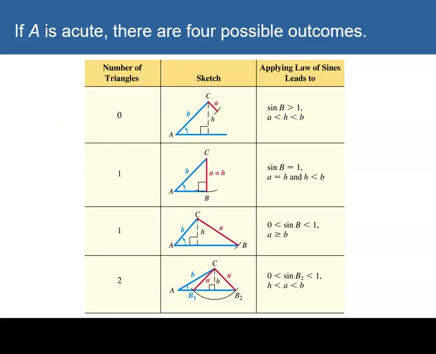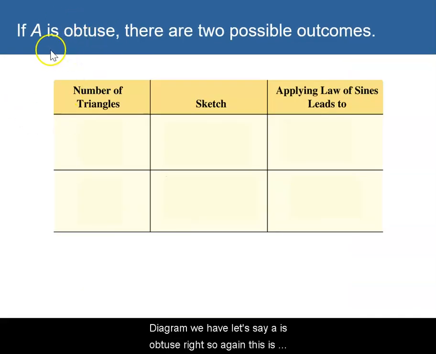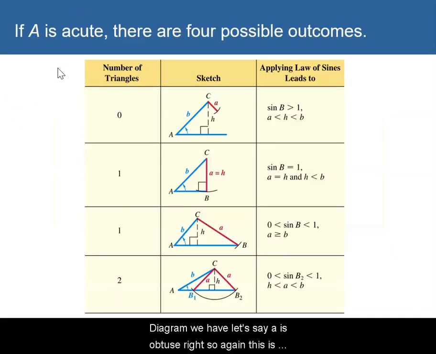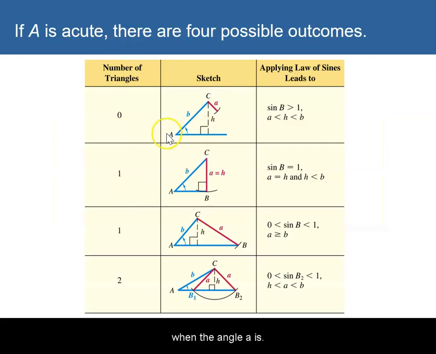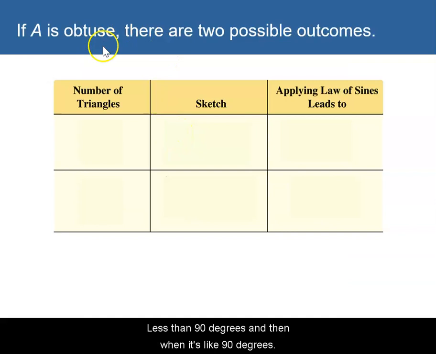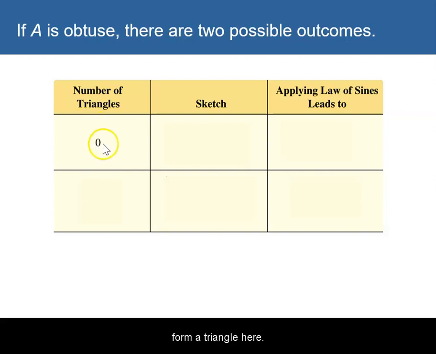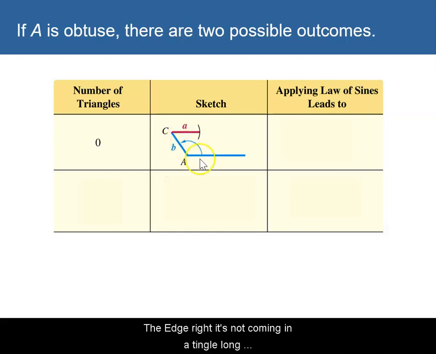For the next diagram we have, let's say A is obtuse. Again, the previous cases were when the angle A is less than 90 degrees. And when it's larger than 90 degrees, we have 2 cases. One is, again, that we can't form a triangle. Here, the side is not going to be able to reach the edge.